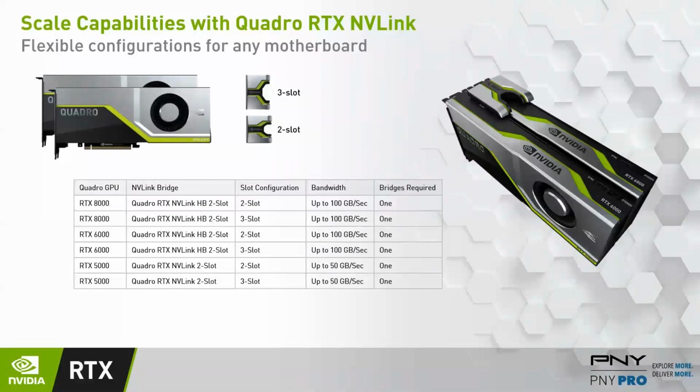Different motherboards have, in some instances, slightly different slot spacing, so suffice it to say that NVIDIA and PNY offer you different slot configurations based on the slot spacing, and we can work with you, based on your motherboard or system, to recommend the right NVLink bridge if this solution would be of interest to you. You see the performance here, up to 100 gigabytes per second bidirectional, far faster than you could achieve having graphics cards communicate with each other over PCI Express.